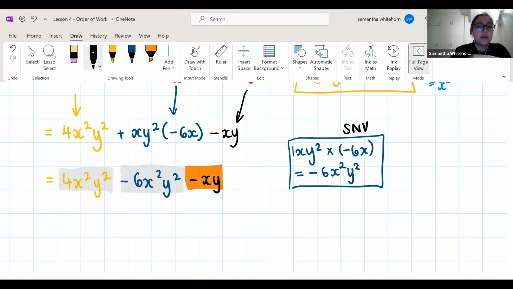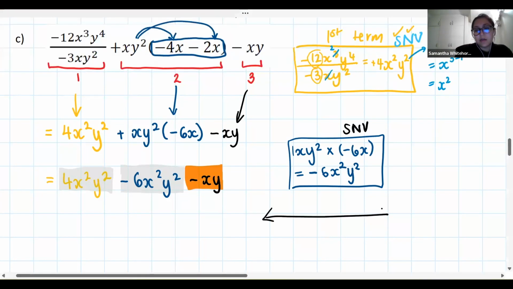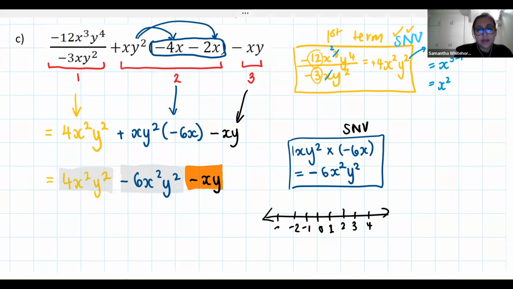So to simplify my like terms, again, if we need a number line to do this, we have got positive 4x squared, y squared. We want to subtract 6. So there I am at positive 4x squared, y squared, minus 6, 1, 2, 3, 4, 5, 6. Takes me to negative 2x squared, y squared.